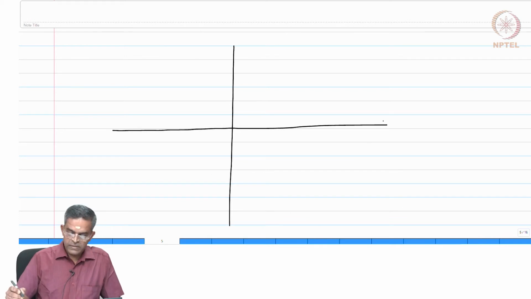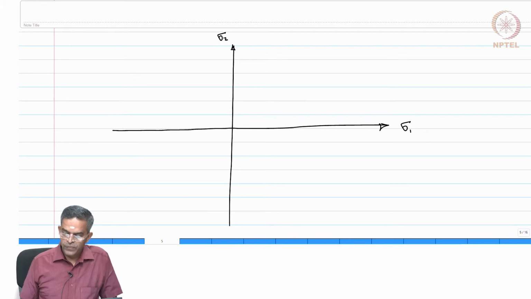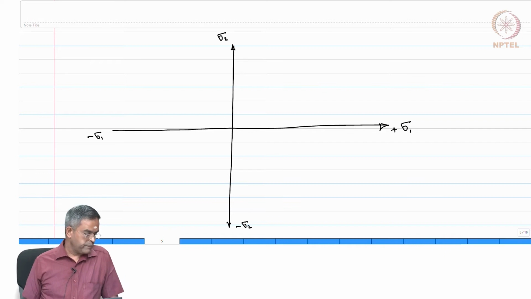Let us say the x axis plots sigma 1 and y axis plots sigma 2. This is positive and this is negative sigma 1 and this is negative sigma 2. Okay?